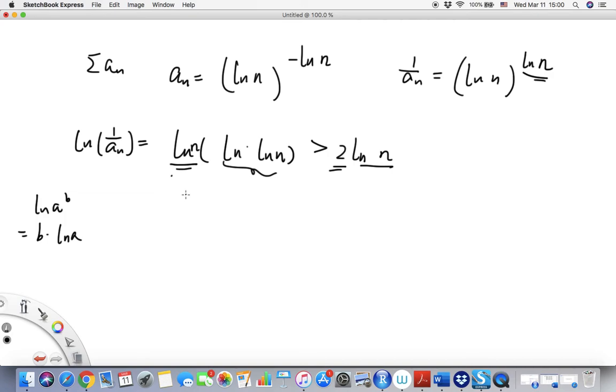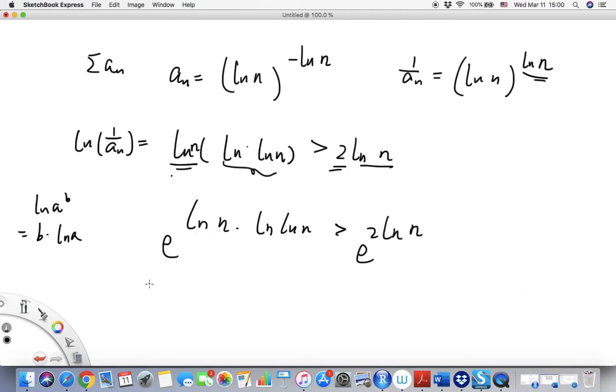So what do we do next? Now we have log n times log log n greater than 2 log n. If we put e over here, it's still going to be true.